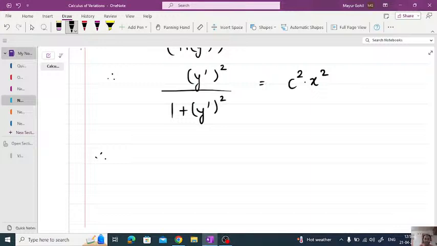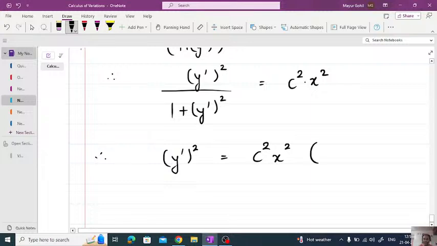So what you do is, y dash square here, c square x square into 1 plus y dash square. You take that whole thing from the denominator to the other side. What happens now?